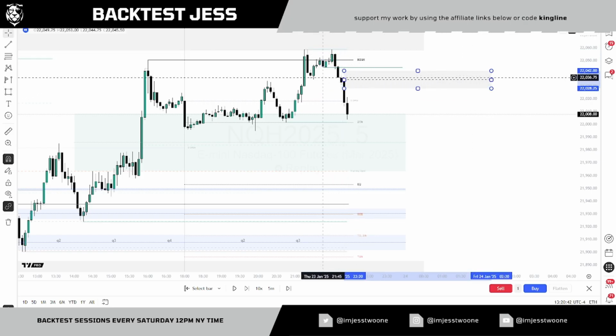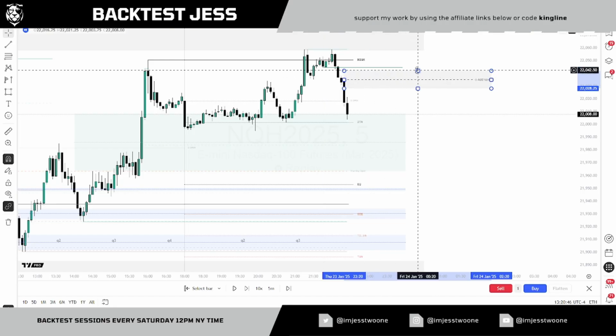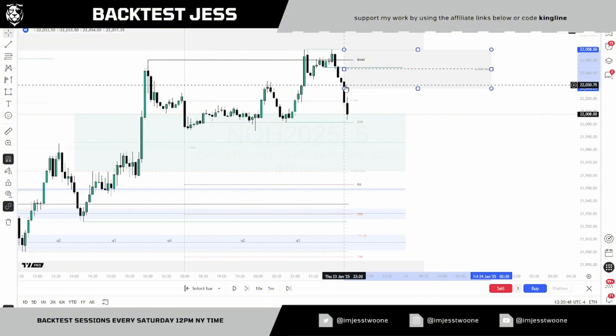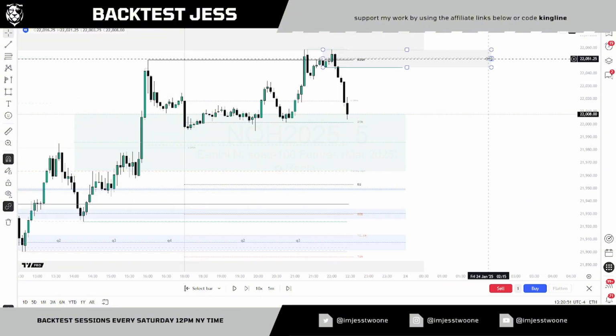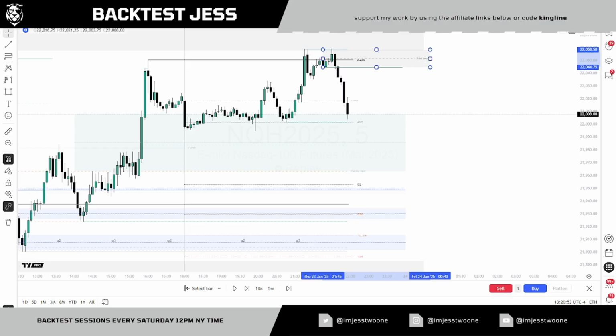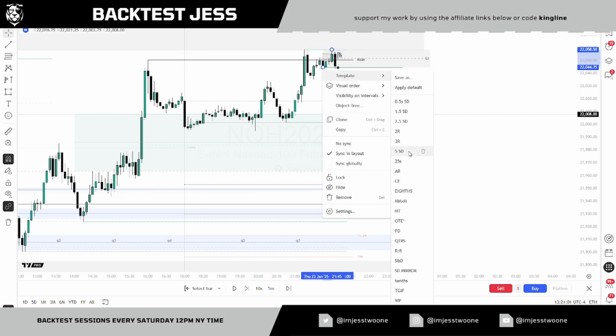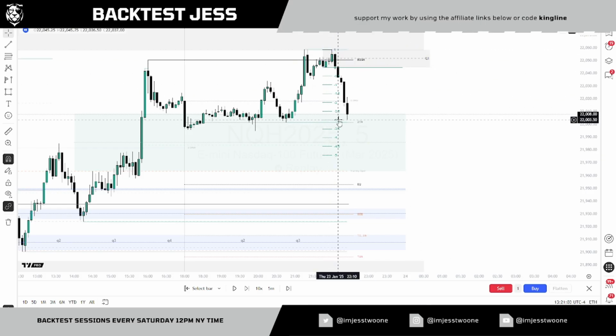Let me check the lows. This is the lower low. This is a Q3. So I'm going to argue here that probably none of us would take this trade or even consider this with equal highs.